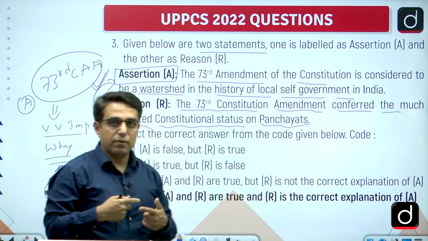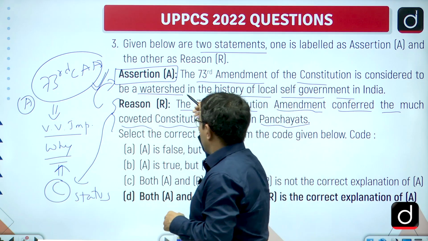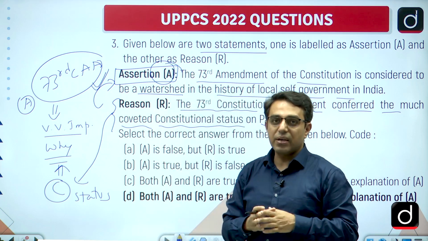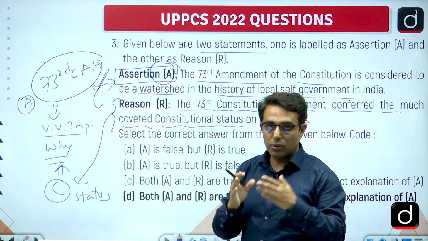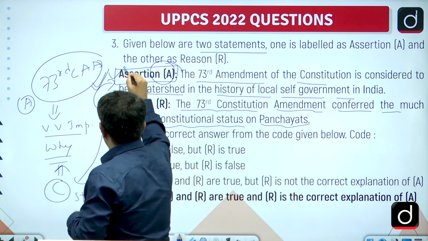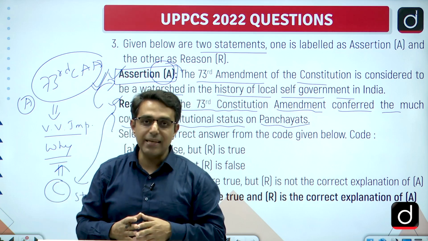So, I think we can see that a link is made. A is saying that this is important and R is giving us the reason why it is important, right. So, an organic link is there. That is why both A and R are true individually, and R is also explaining A.